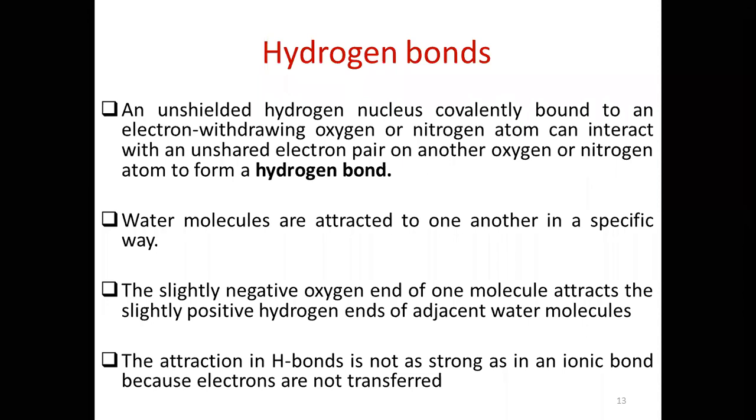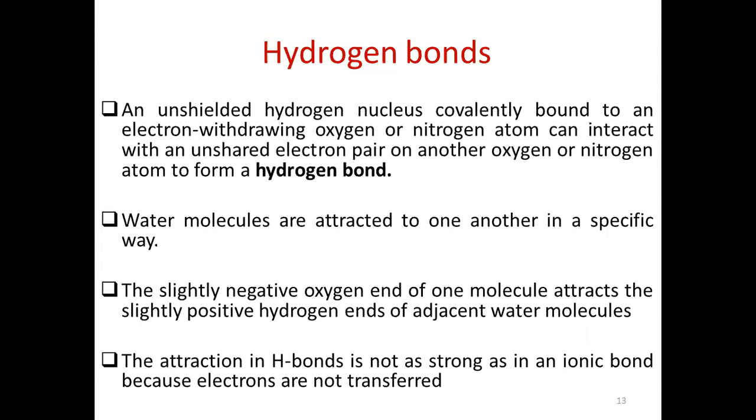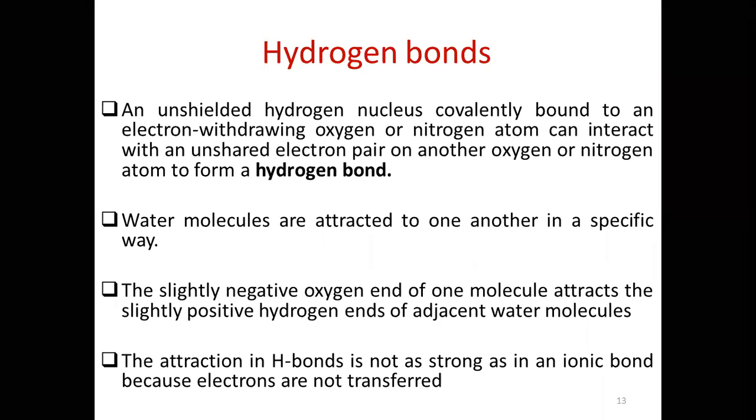So basically, usually hydrogen bonds are formed when the hydrogen is bonded to a highly electronegative atom. An example is oxygen, nitrogen, sulfur. So these atoms, if they are bonded to hydrogen, then there is a possibility of forming a hydrogen bond with another oxygen or nitrogen atom.